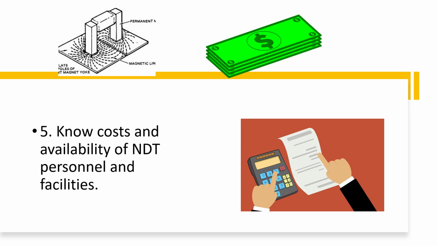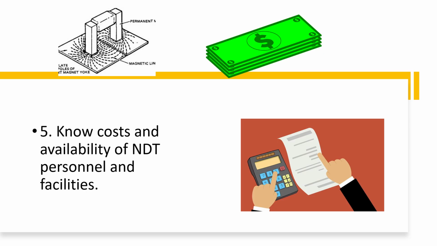Or maybe you need a bridge inspector, somebody to come in and inspect underneath the bridge. Well, how many bridge inspectors do we have? Well, there are four of them, and they're booked out for six months. So we need to understand the cost and availability of our non-destructive testing, the people involved, and the facilities.